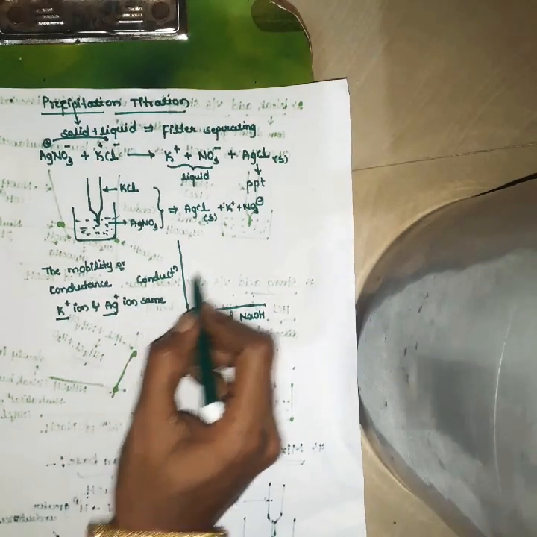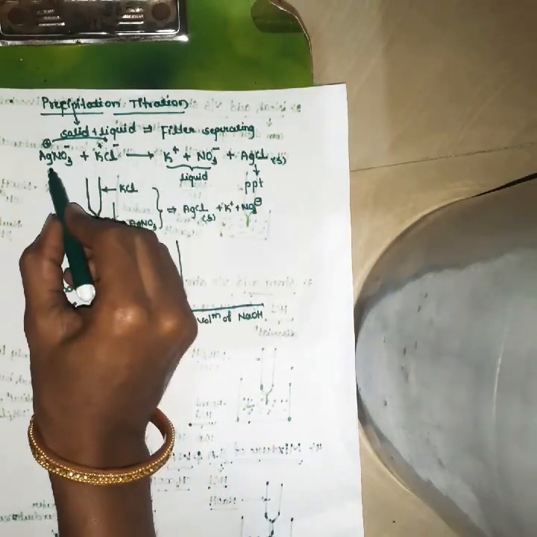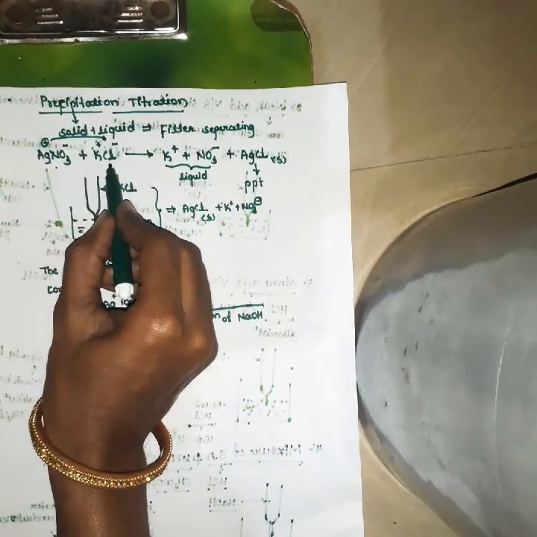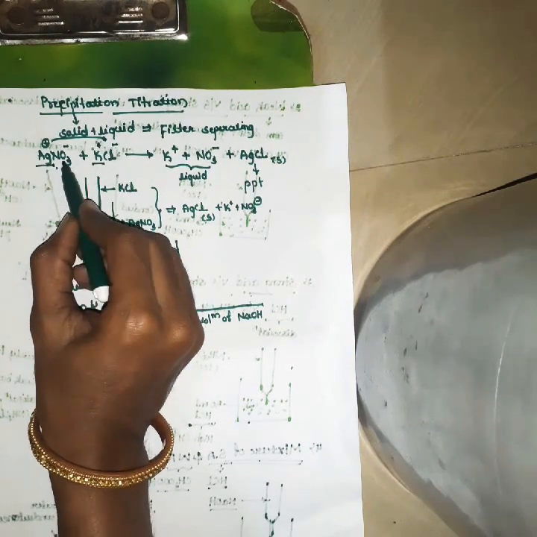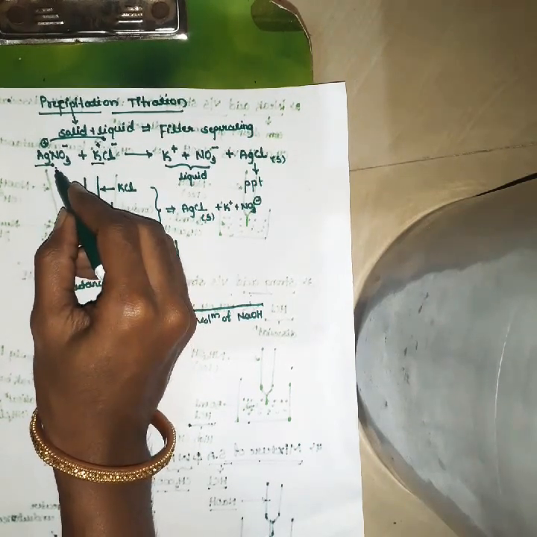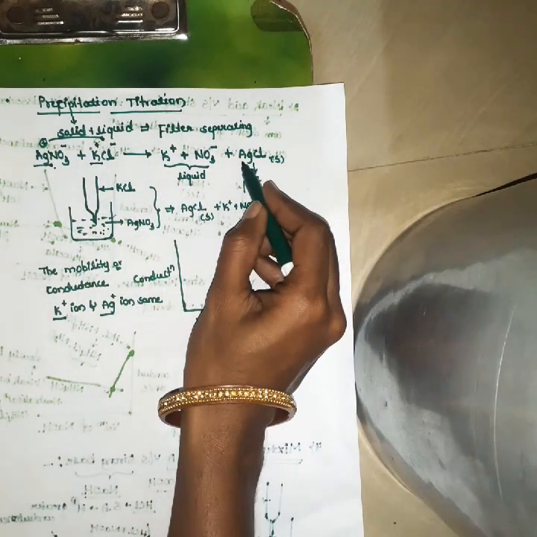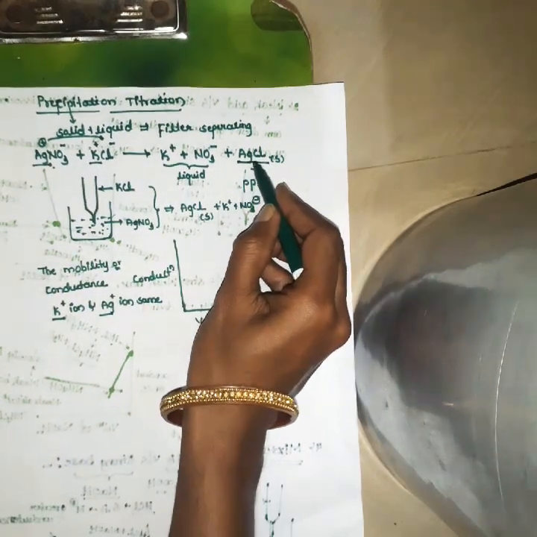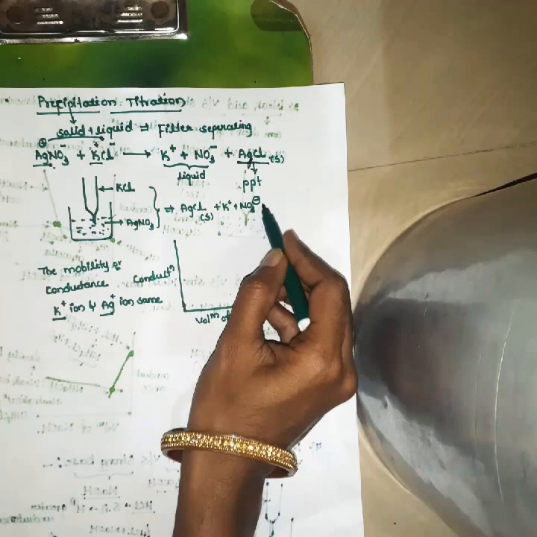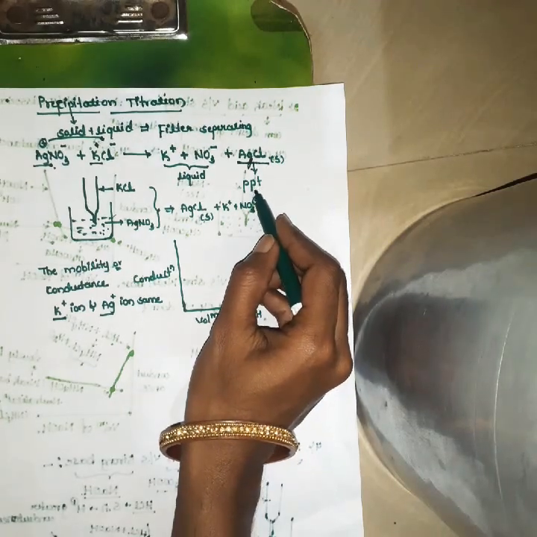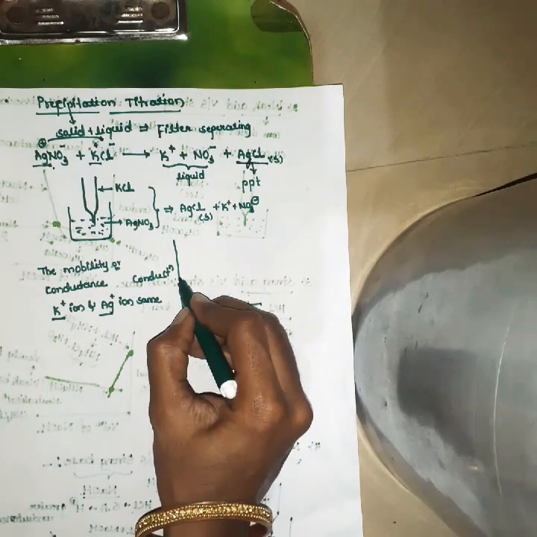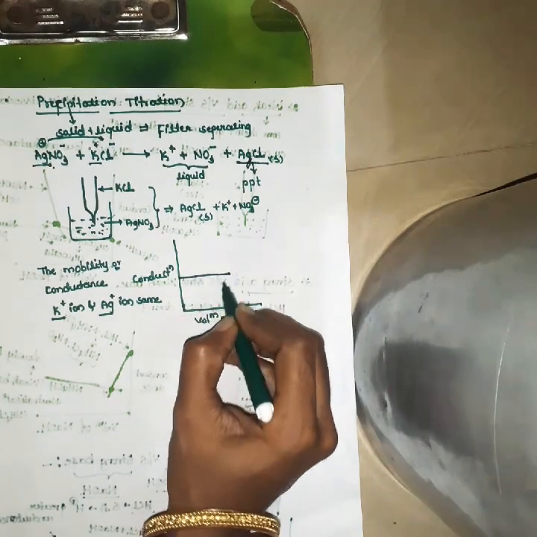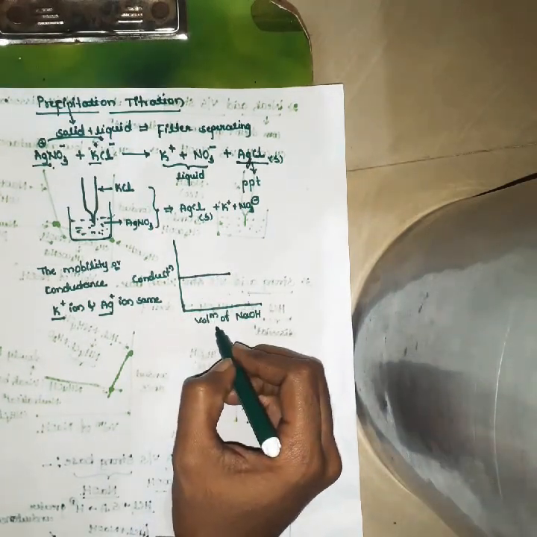That's why it will easily be replaced. In AgNO3 plus KCl, K plus and Ag plus have nearly the same conductance, so it easily replaces and forms AgCl precipitate. That's why the conductance remains constant. There is no change in the conductance.